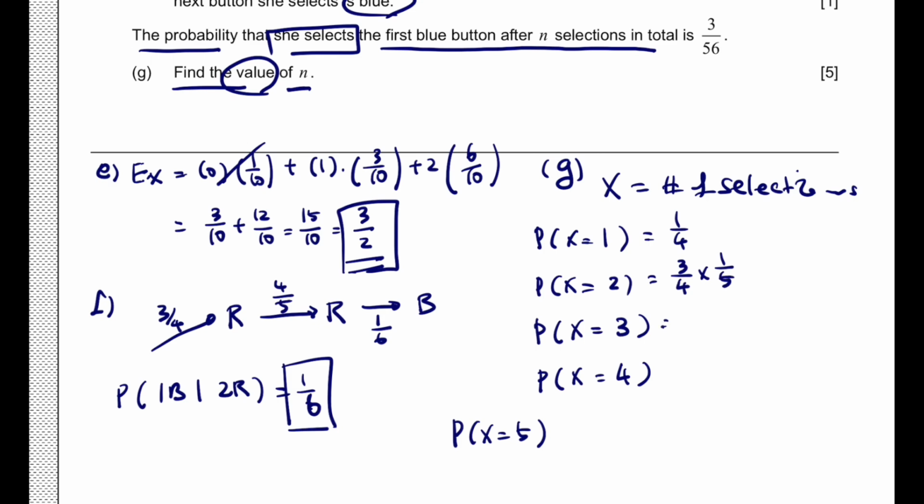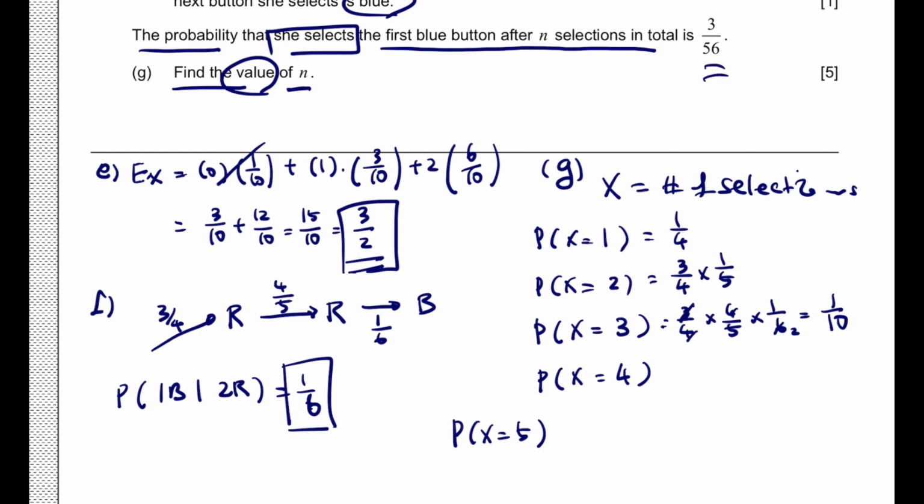And same thing if we select the button 3 times, and the blue button shows up as the third button, then our probability is 3 over 4 times 4 over 5 times 1 over 6. If we simplify these values, they are equal to 1 over 10. So it's still not 3 over 56, right?